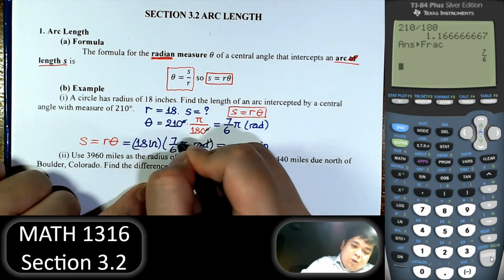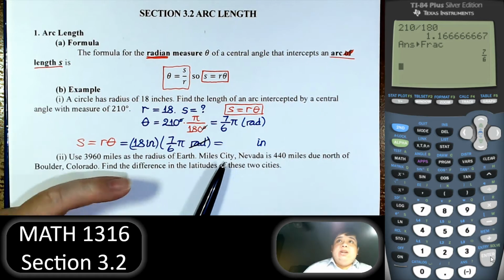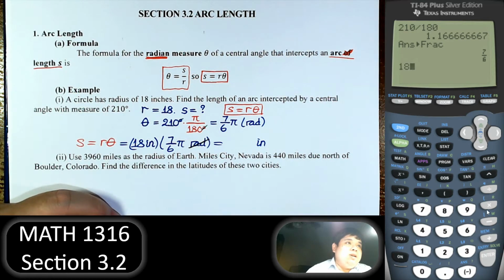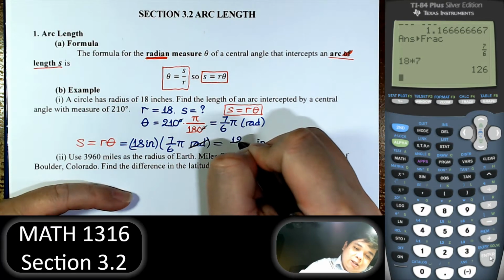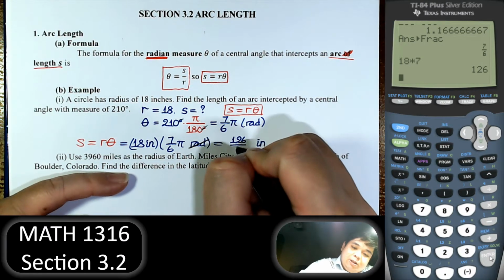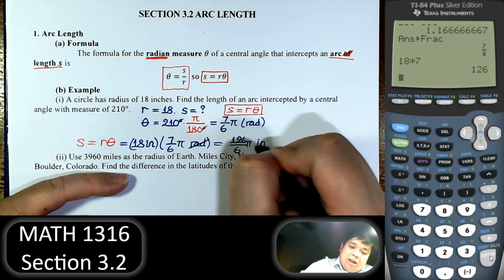I just combine all the math. 18 times 7 over 6 is 126/6 pi inches.